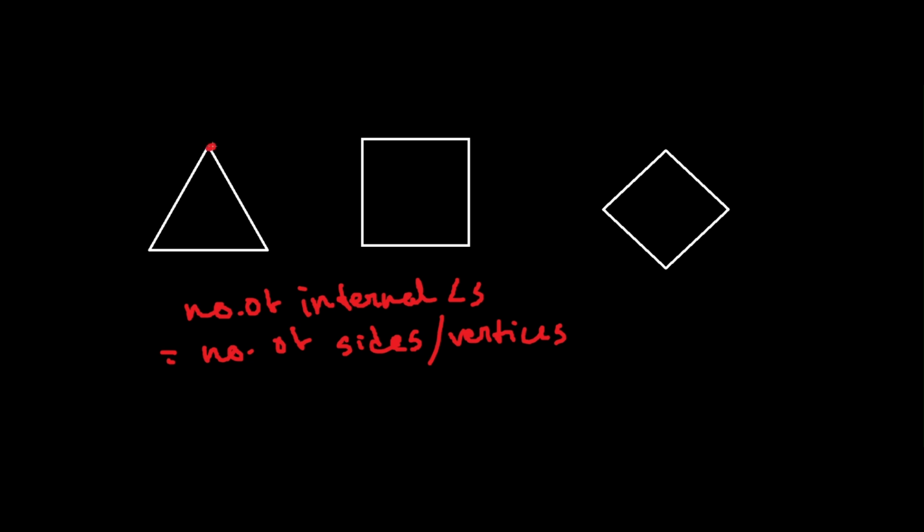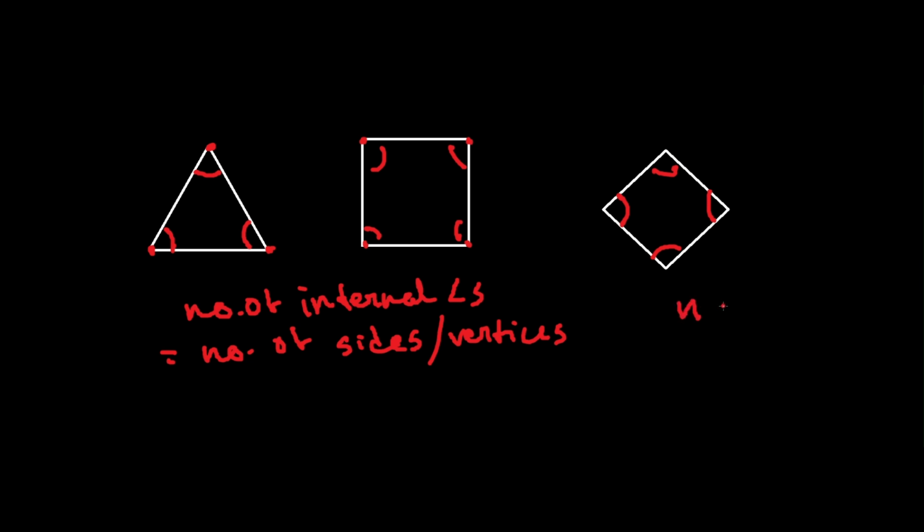So we can see in a triangle there are 3 vertices, so there must be 1, 2 and 3 internal angles. In a quadrilateral there are 4 sides, so there must be 1, 2, 3 and 4 internal angles. This is another quadrilateral. It must have 1, 2, 3 and 4 internal angles.